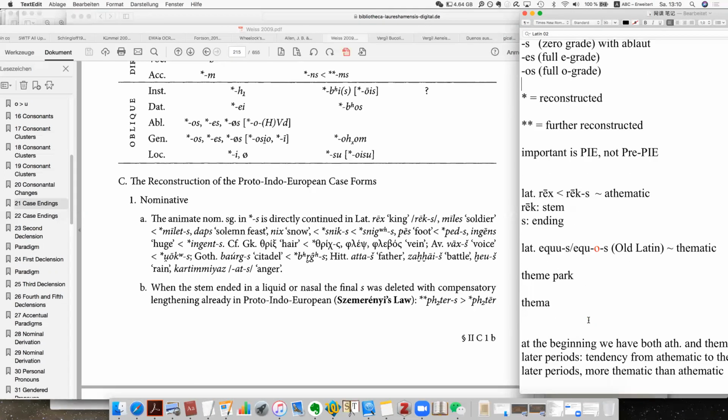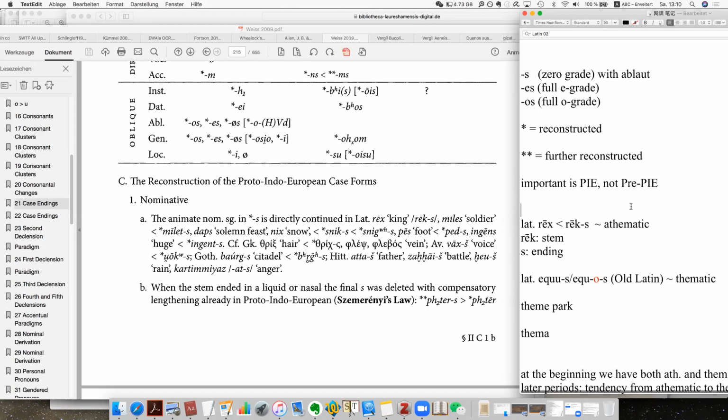We also talked about how there are two declensions, or you can divide the different forms into two categories, thematic and athematic.